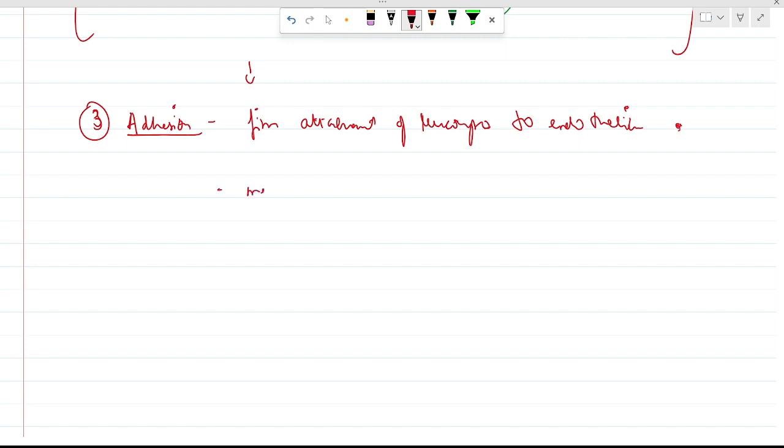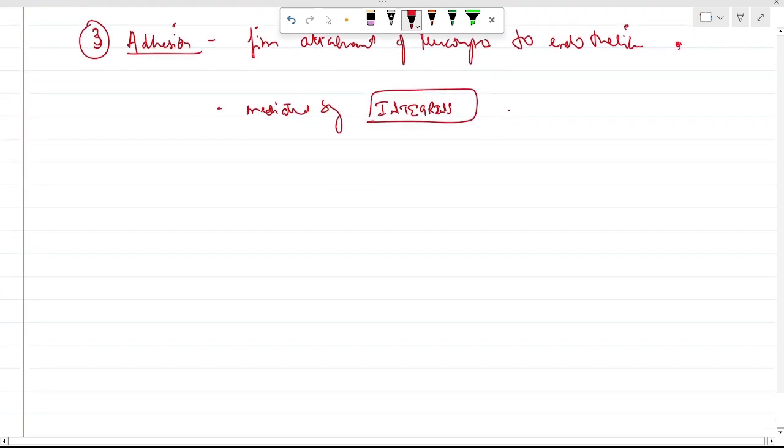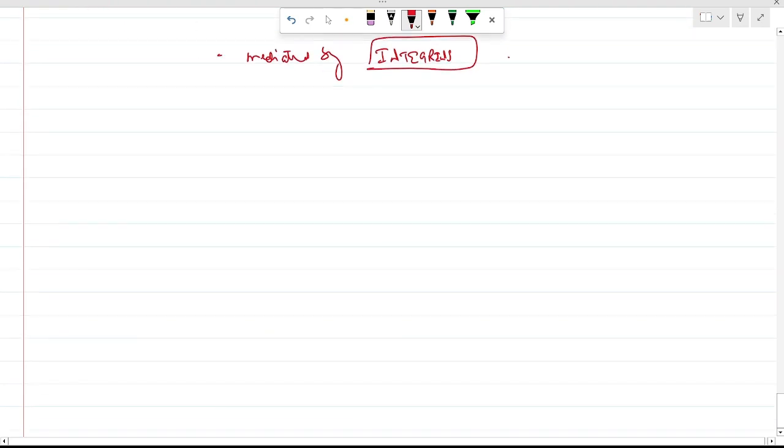Here, this is mediated by molecules called, remember, integrins. Rolling was by what? Selectins, E, P and L selectins. These integrins are again of two types.